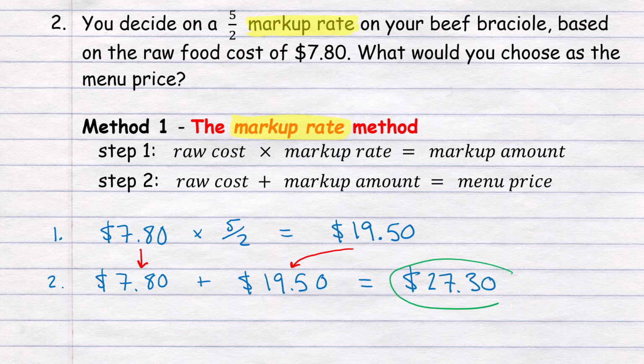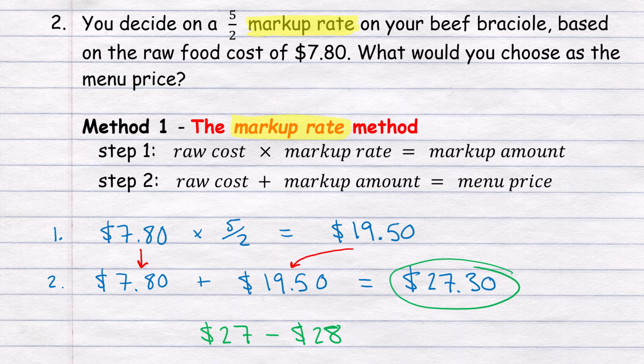So that's our calculated menu price. The actual menu price is somewhere between $27 and $28, and at this point it depends on personal preference. Do you want the prices to end with 0.99 or 0.95 or 0.49? Do you want whole numbers? But somewhere between $27 and $28.